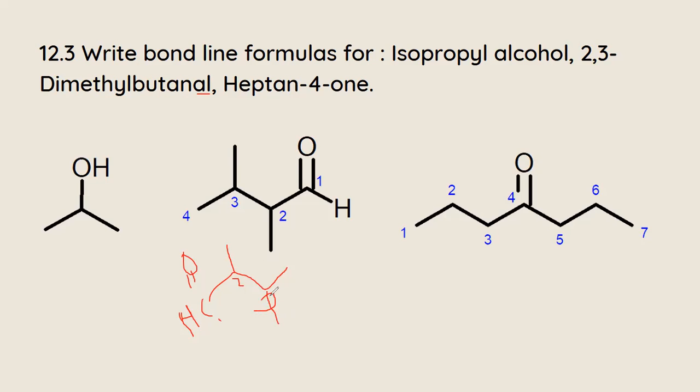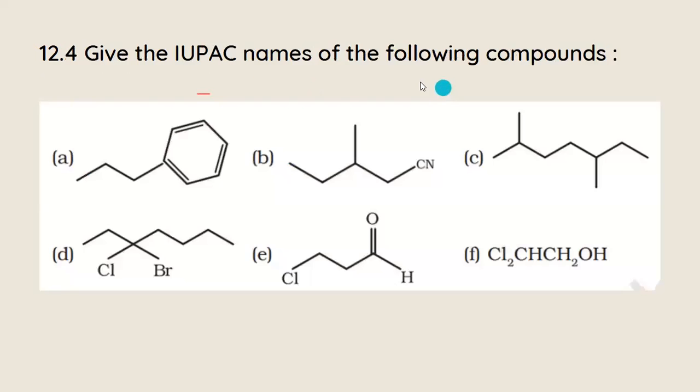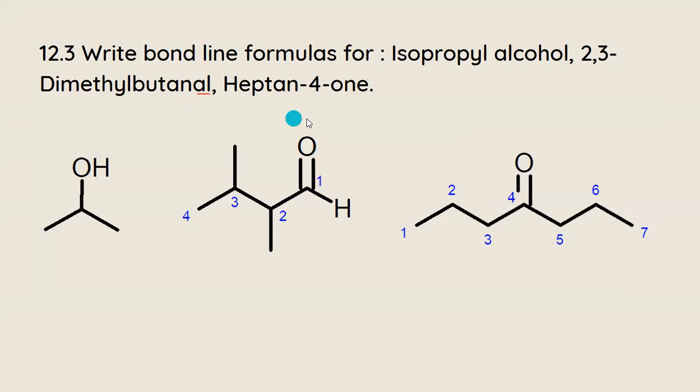And so 2,3-dimethyl butanal. So it's better to start from the basic structure and then number it, and you can understand the position based on priority: aldehyde gets more priority than methyl group.